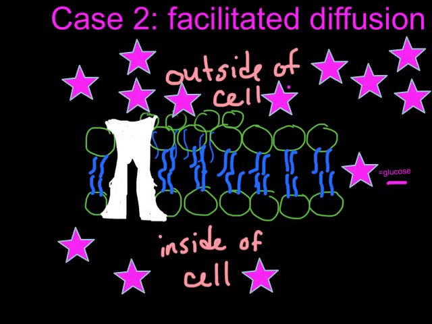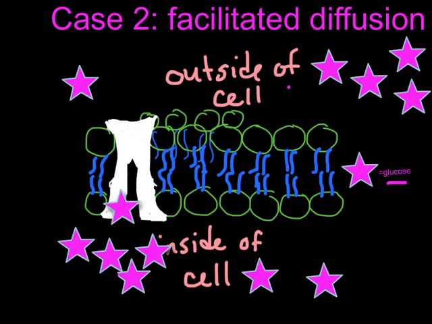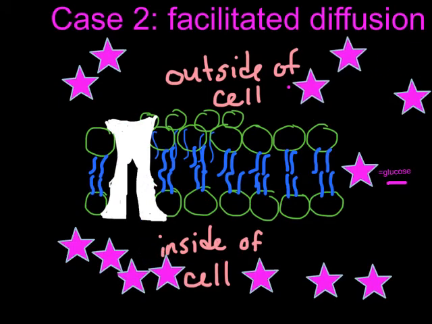So the glucose molecules will land here on the transport protein, and the transport protein seems to recognize the glucose, knows that the cell needs it, so it opens up a little tunnel way for the glucose to actually go into the cell. From here, glucose starts moving into the cell. A little bit moves back out, but for the most part, it's moving into the cell until they're at equilibrium, or equal concentrations on the inside and the outside.